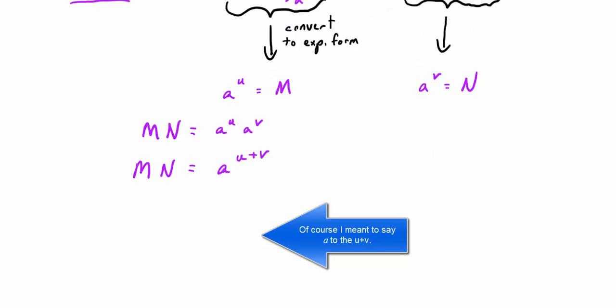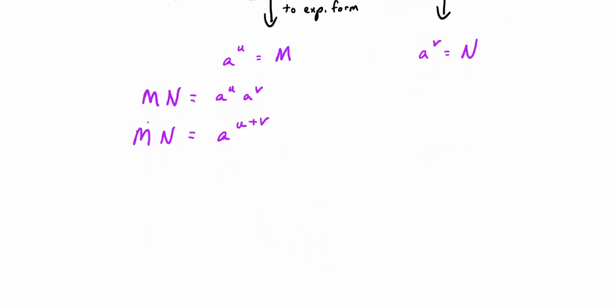And now guess what we're going to do? This is in exponential form. We're going to go back to log form. And what do you get? What goes by itself? Yeah, u plus v goes by itself because that's the exponent. And then the base of the exponent becomes the subscript on the logarithm.